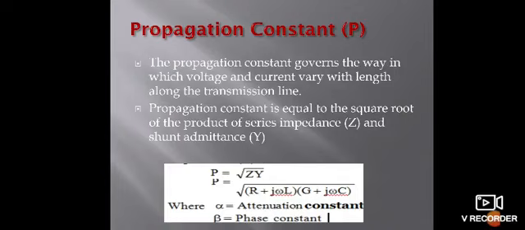Whenever we call it an admittance, it is in shunt, and whenever we call it an impedance, it is in series. So that's why the propagation constant P equals under root Z into Y.